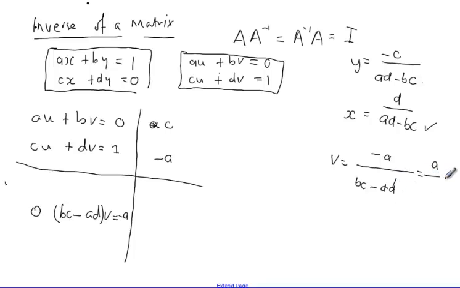It's getting me problems there. Let's say minus A. It's really conflicting me now. AD minus BC.